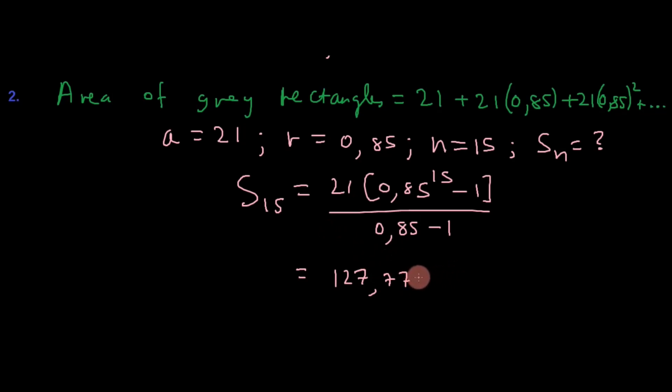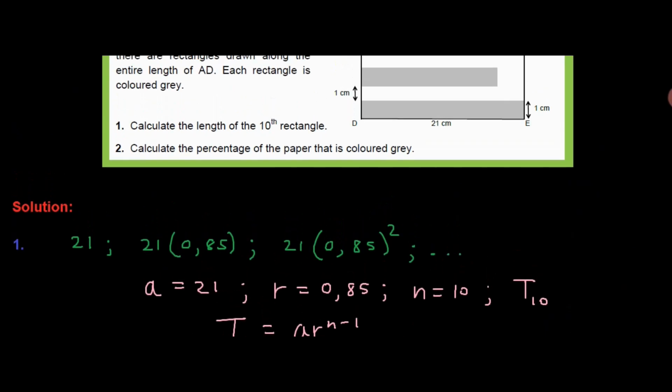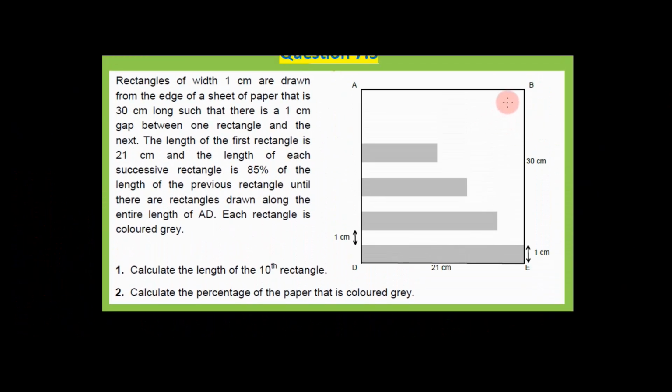And this is the sum of the areas of all the rectangles. In other words, 15 rectangles. So it's centimeters squared. Now we also want to find the area of the sheet of paper, which is 21, in other words width, times 30, times length.